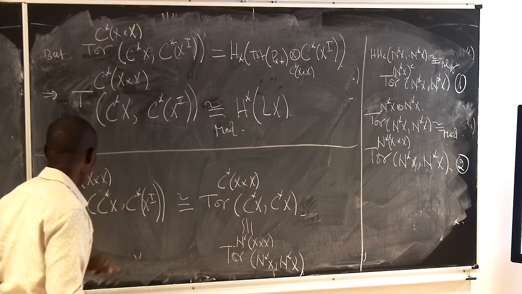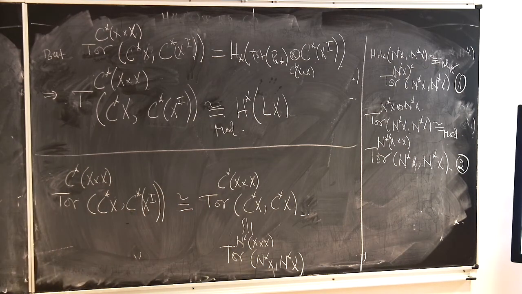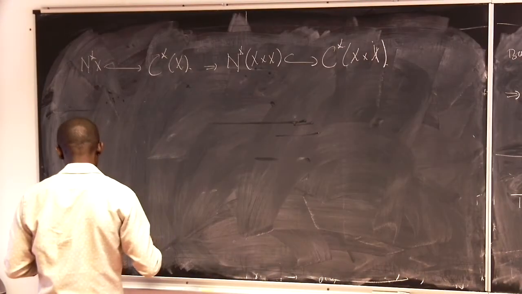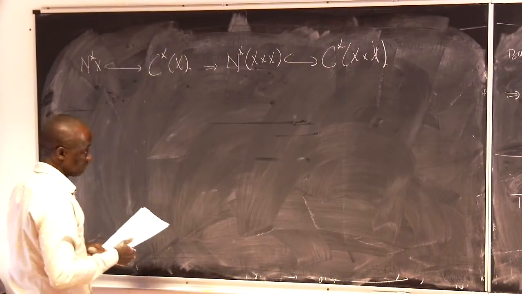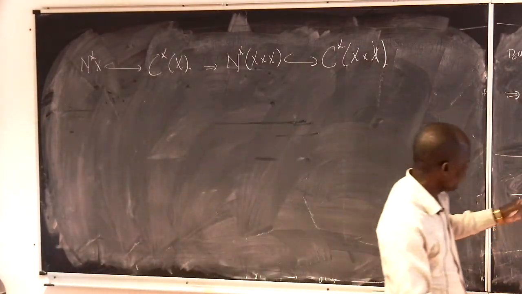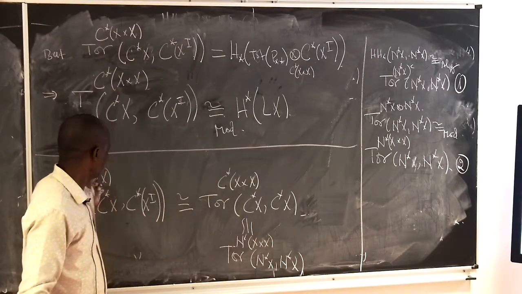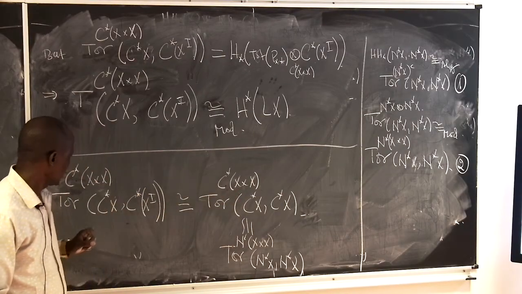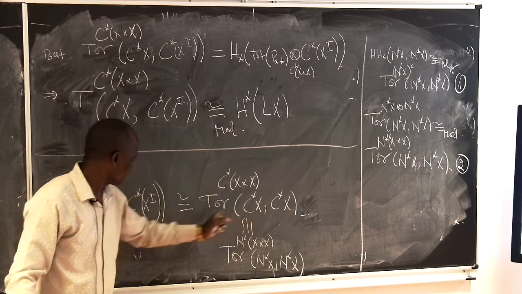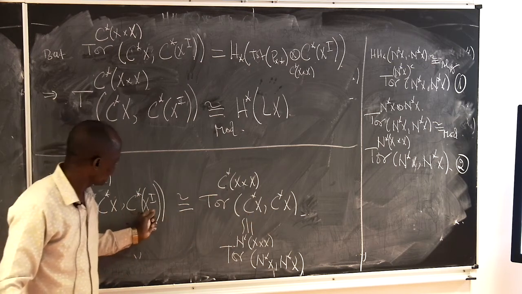And now here, just consider, of course, we have the identity here. Because we have the identity here, we still have the identity here. But here, we have this map.